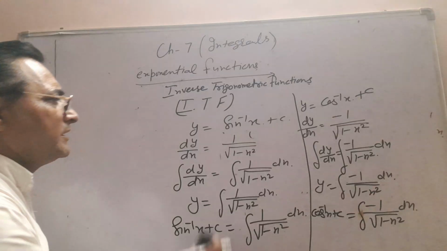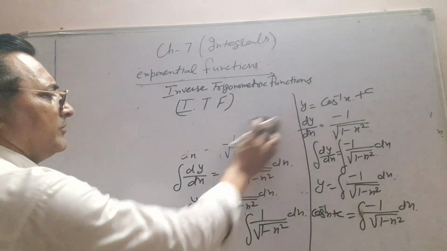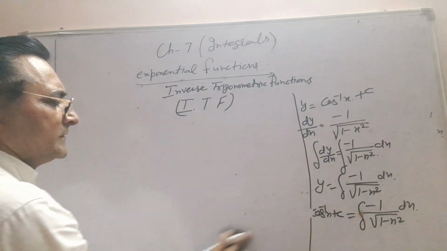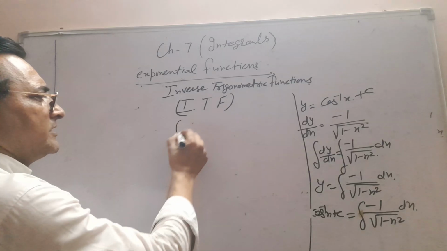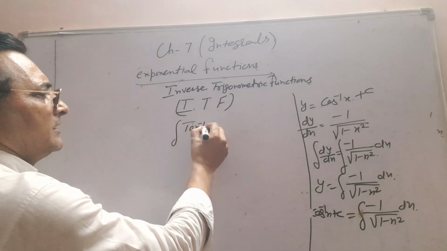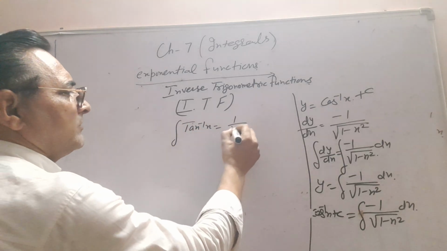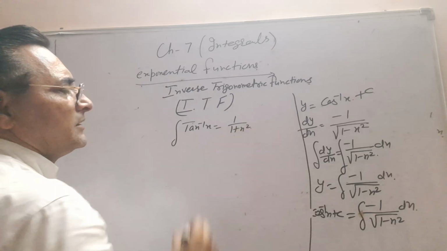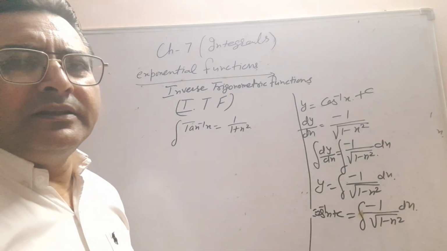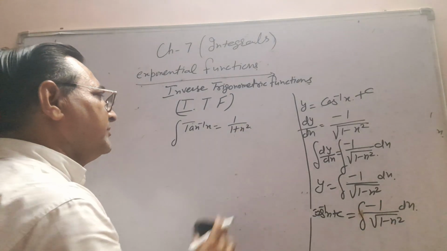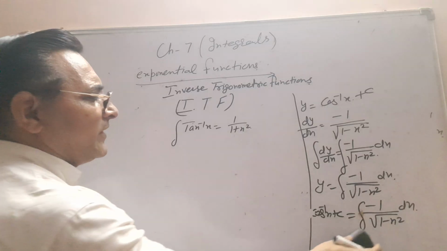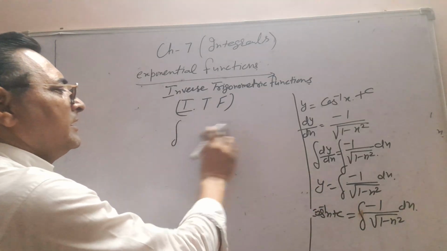Same here for the other trigonometric function. I am writing the integration of tan inverse x is equal to 1 upon 1 plus x square. Is it possible? No, because here we are finding this function.